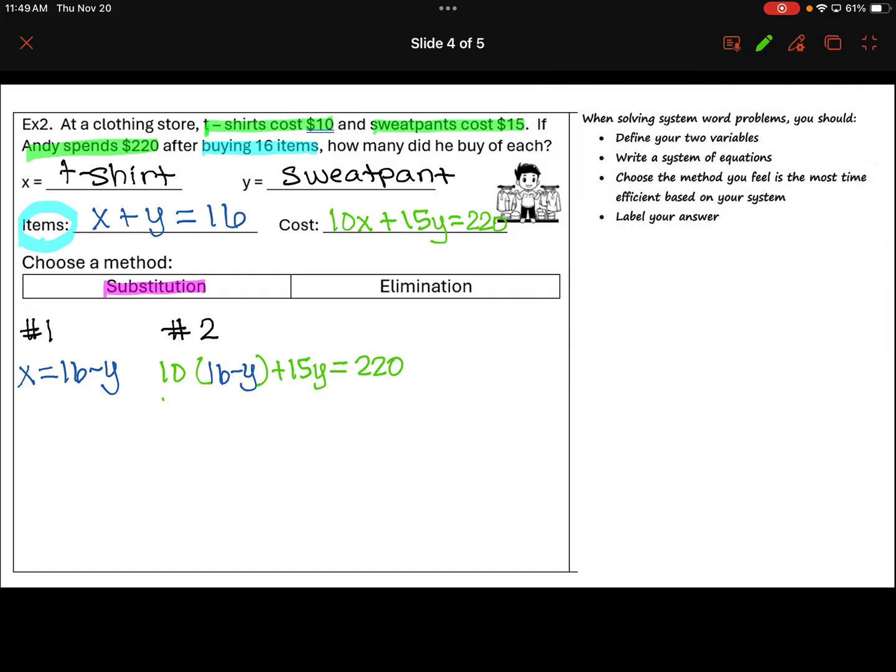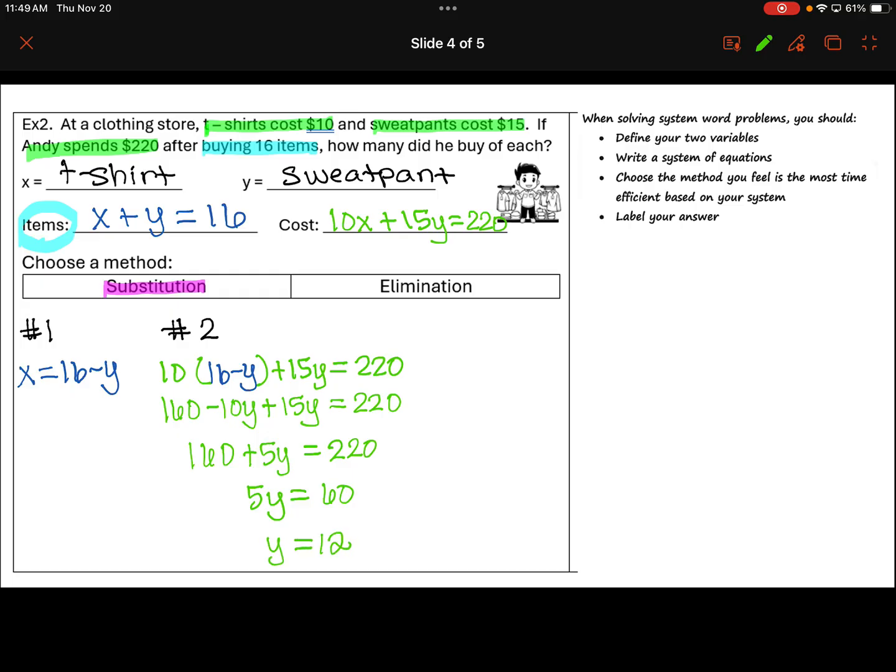So that is going to give me 160 minus 10y plus 15y equals 220. So that is going to give me 160 plus 5y equals 220. Subtract 160. I get 60, divide by 5, I get 12.